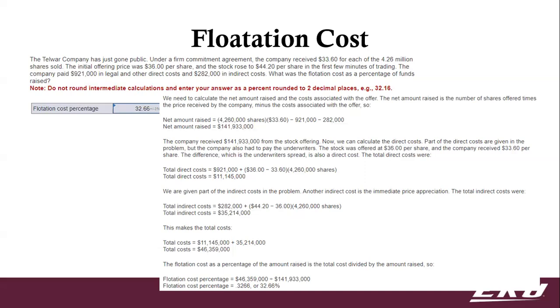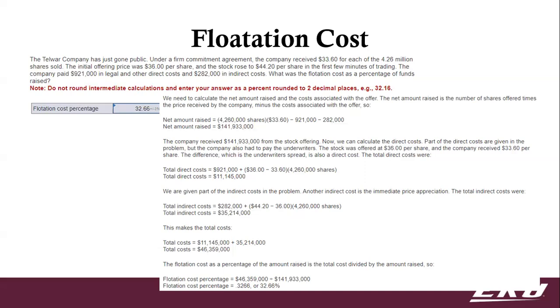And so all of that additional money, which is entirely the shareholders'. That's why shareholders like to be in these IPOs, right? So they bought it at 36, and then in that first few minutes, they're watching that stock price shoot up to 44.20, right? But that difference is considered an indirect cost. So you add that to the 2.82, and that gives you the total indirect cost.